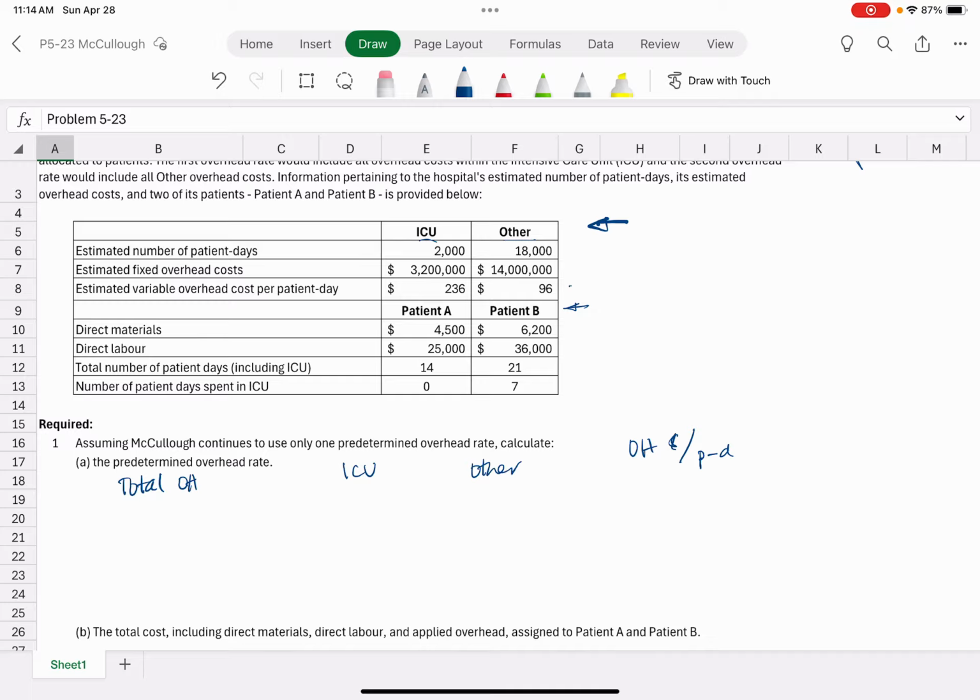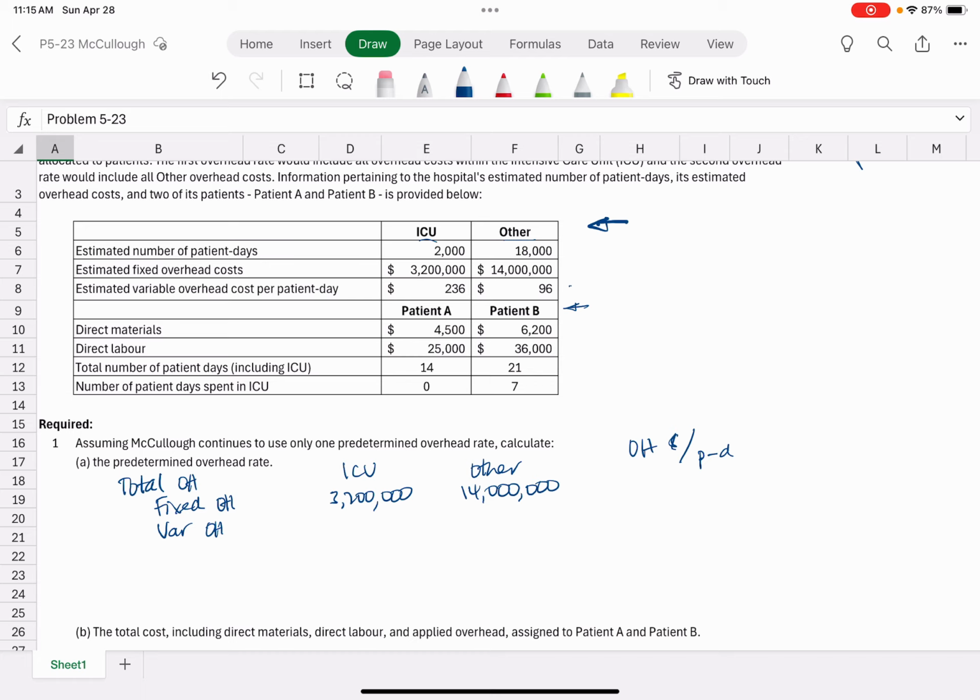ICU, other. Fixed is easy. Fixed overhead, because they just give us the numbers. It's 3.2 million for the ICU and 14 million for the rest of the hospital. Variable overhead. They didn't tell us the total, but they gave us the components.